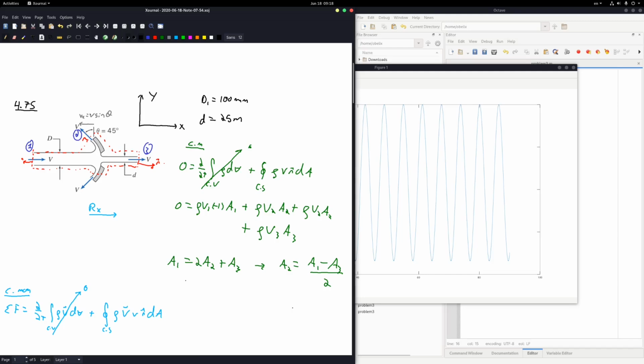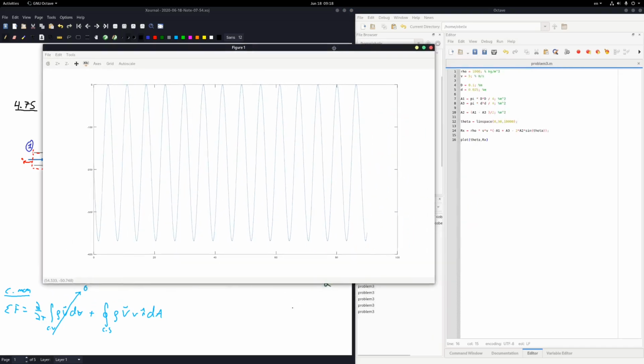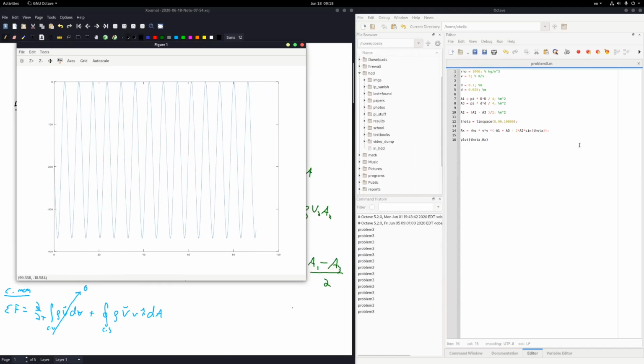And then as we tilt the angle, we'd expect something to either increase or decrease. What we have right here is a sinusoidal wave. That doesn't really make sense. So what's the problem? Well, the problem is that I'm using degrees here, and sine takes theta in radians, which is a common mistake.